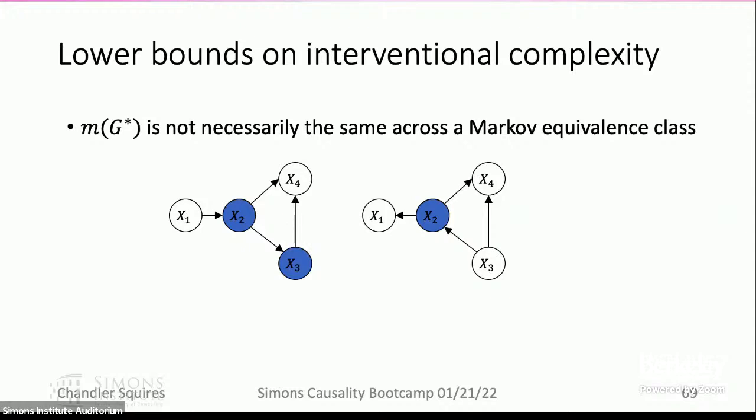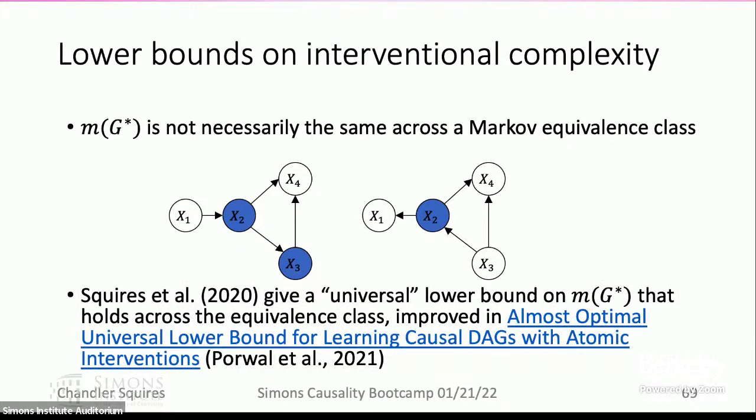So in general, if you want to do something that is universal and lower bounds everything in the Markov equivalence class, we gave a weak bound there that's based on summing up the sizes of the cliques, or really the cliques minus all of the cliques that come before in the clique tree construction that we give.